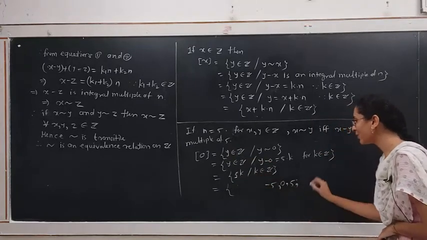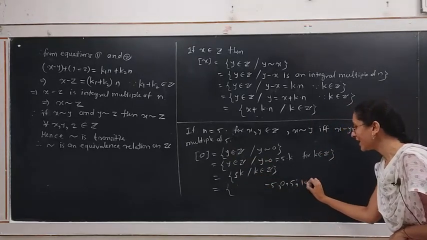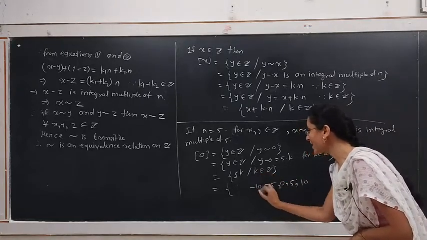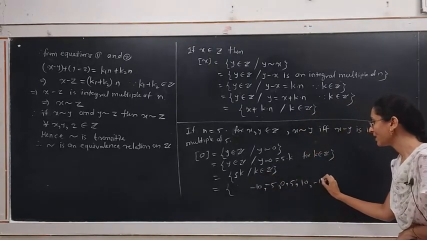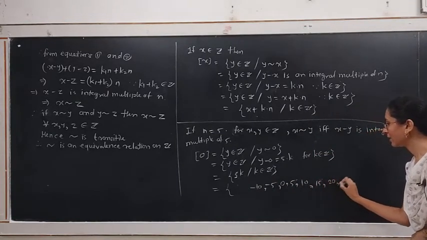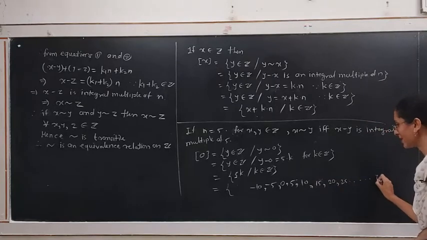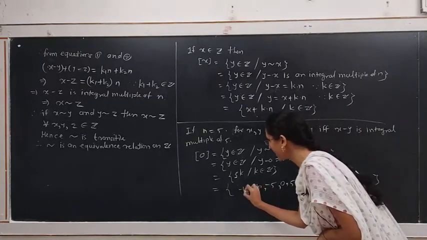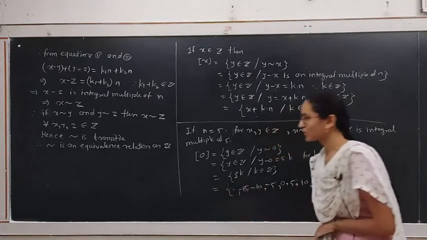If we put k equal to 2, then 10 belongs to the set. If we put k equal to minus 2, then minus 10 belongs to this set. Similarly, 15, 20, 25 belong to this set. Also, negatives of these values, minus 15, minus 20, belong to this set.